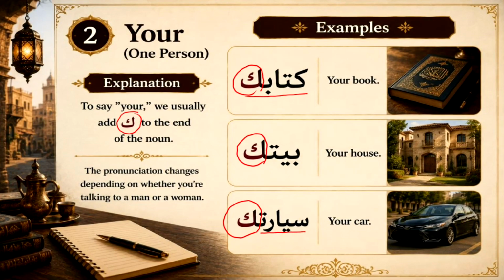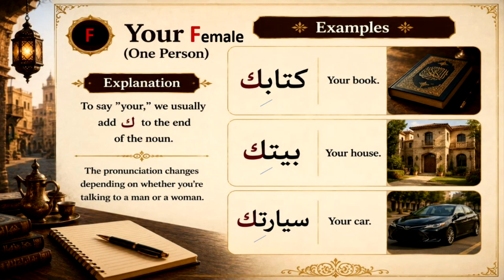Now let's see how to say your, female. To say your female, we usually add kaf to the end of the noun, but listen carefully. The most important thing is that the letter before kaf always takes a kasra. The kasra sounds like a short E in English.